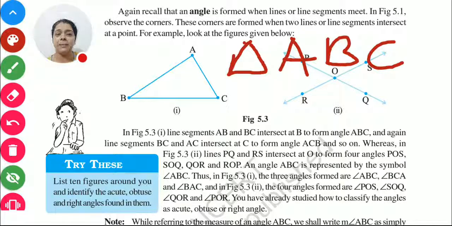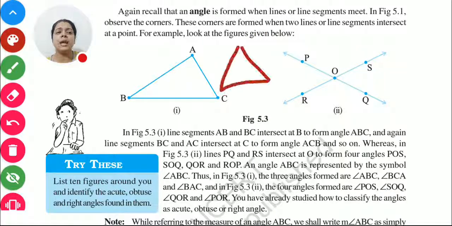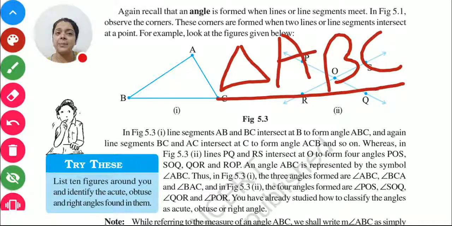This is triangle ABC, because if you don't mention it, it can be anything. Without the symbol, it's of no use. So we mention it triangle ABC.